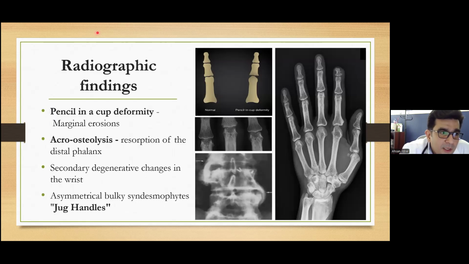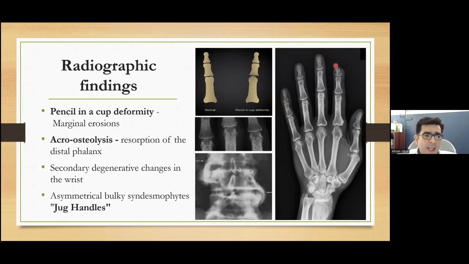Radiographic findings, the most commonly tested in the boards is usually the pencil in a cup, where they basically show you an X-ray, and what they're looking for is a pencil in a cup deformity, and that happens due to the distal erosion of the interphalangeal bone. And then there's acro-osteolysis, which is DIP erosion.